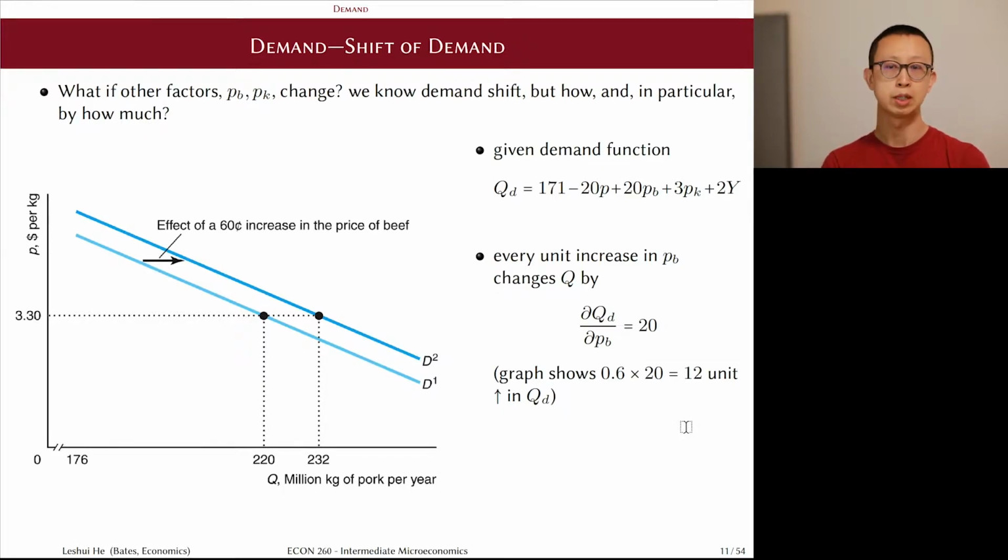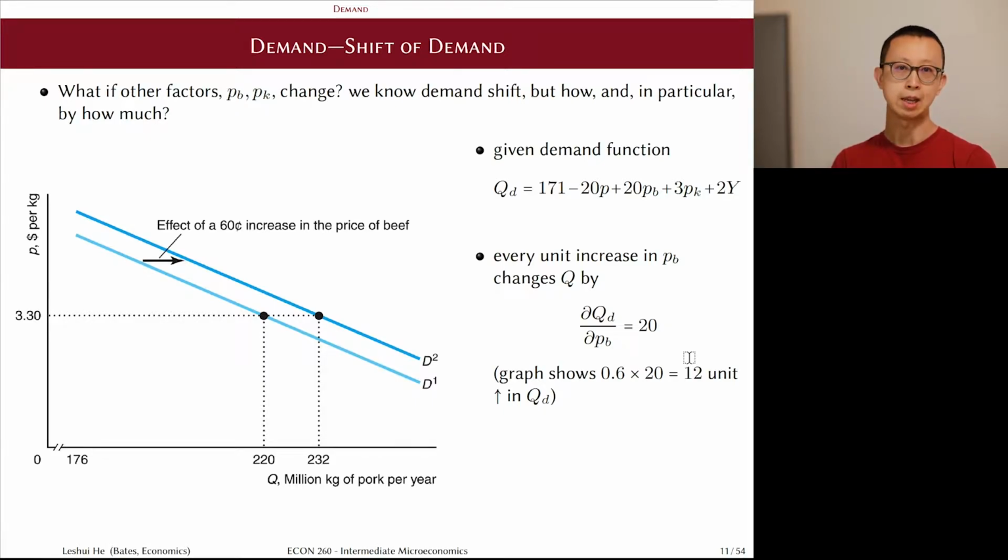Now I want to bring your attention to this particular derivative at a slightly deeper level. One of the questions I felt very curious about in the principles class when I took it was: how do I know the shift of the demand curve is parallel? Well, in this context, with our particular demand function, when we increase PB by 1 unit, QD always increases by 20 units.